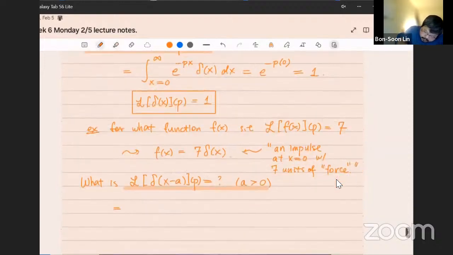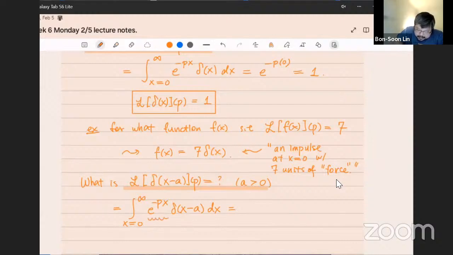Well, this is equal to the integral for x going from 0 to infinity of e to the minus px delta of x minus a dx. Now, this time, the spike is at x equals a, so we're picking out the value at x equals a.